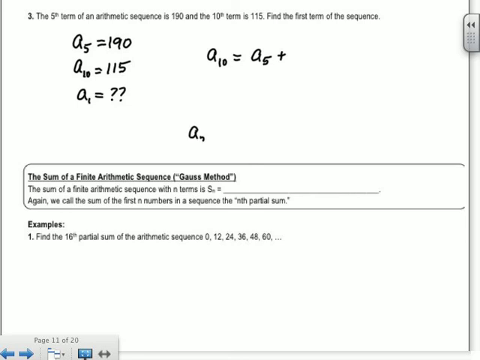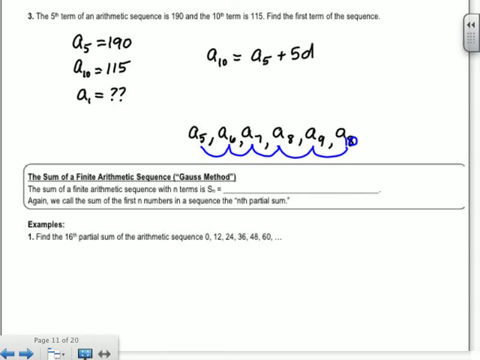If I'm at the fifth, you don't have to write this, I have A6, A7, A8, A9, A10. So I'd go 1, 2, 3, 4, 5. I'd go 5 different common differences. So you'd add on 5 common differences.